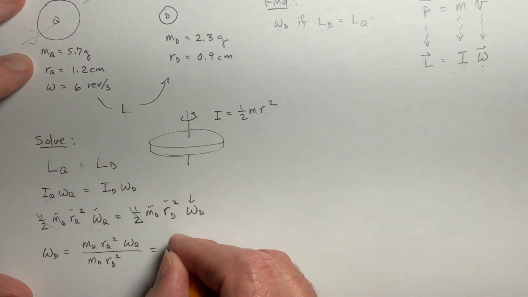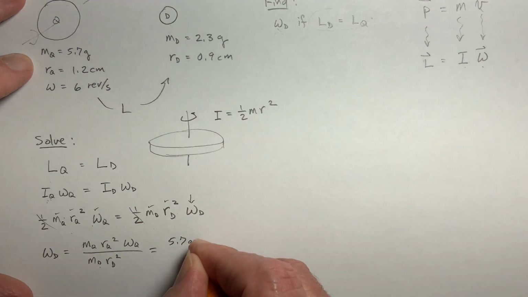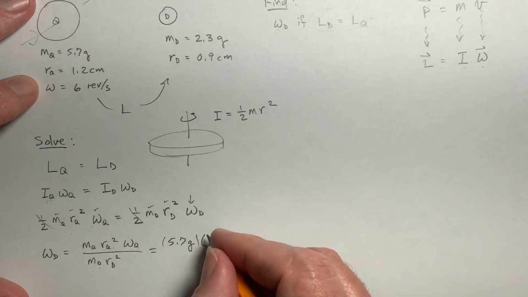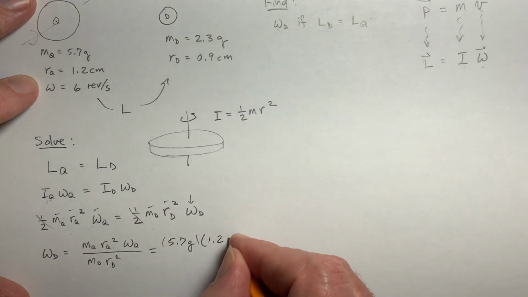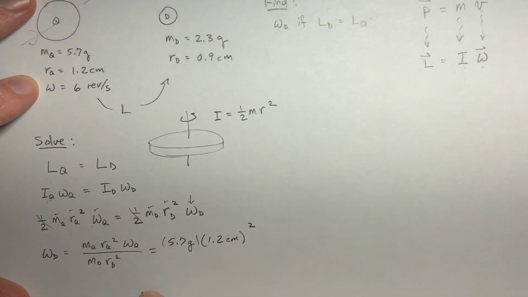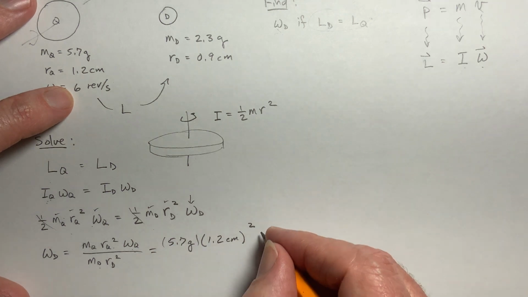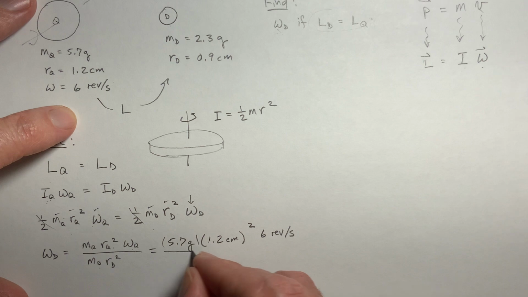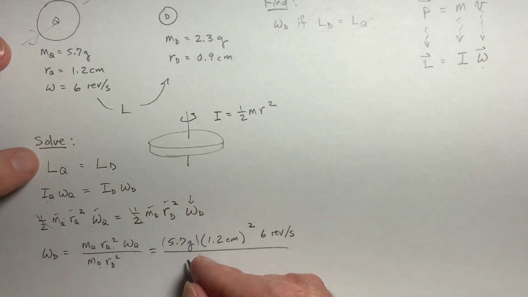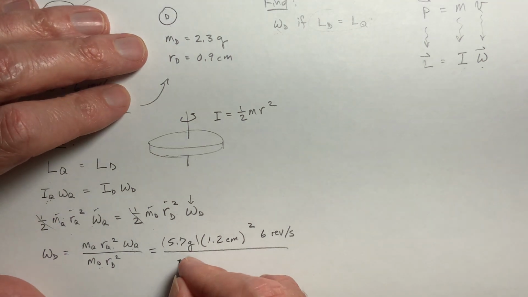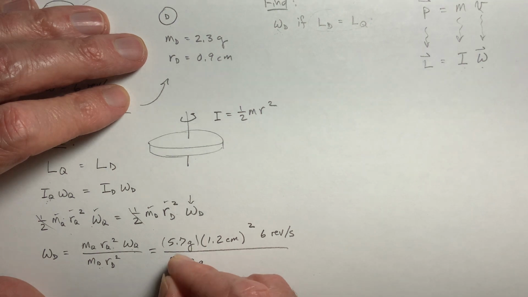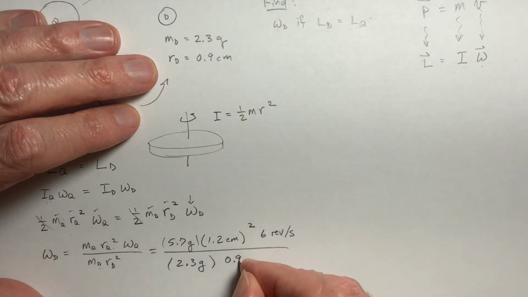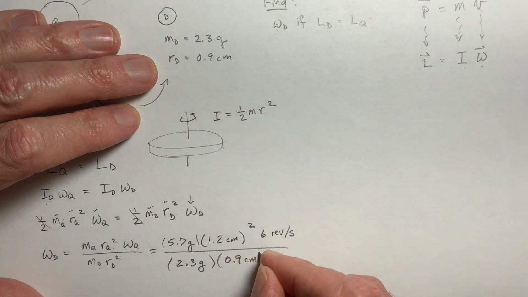So the mass of the quarter is 5.7 grams. The radius of the quarter is 1.2 centimeters, and I have to remember to square that. And then the angular velocity of that is 6 revolutions per second. And now we're going to divide by the mass of the dime, which is given to be 2.3 grams. And then we have the radius of the dime squared.